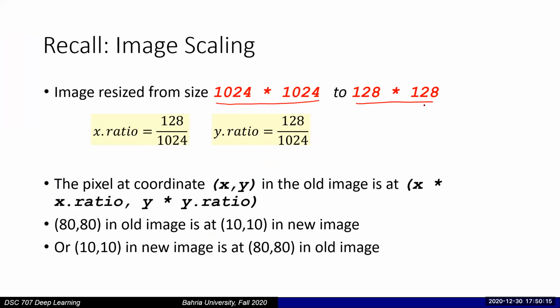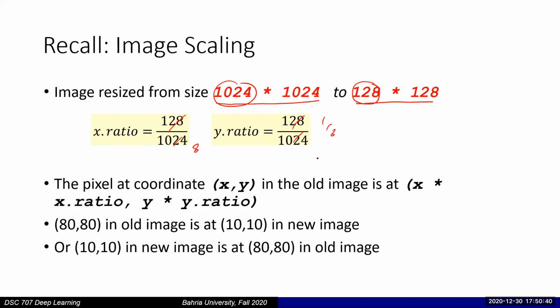Now what is your ratio in x dimension and y dimension? You simply divide the new dimension by the old dimension. The x and y ratio can be different, in this example they are the same, but of course they can be different because an image is not always a square. So the x ratio is 128 by 1024, which should be 1 by 8.